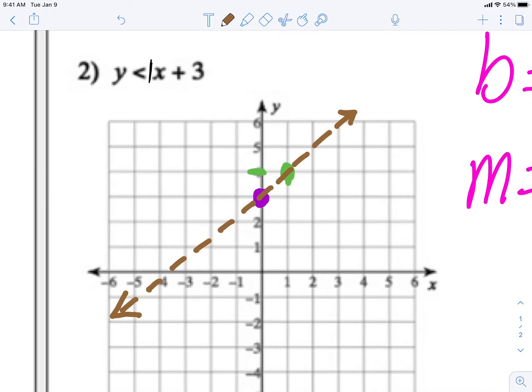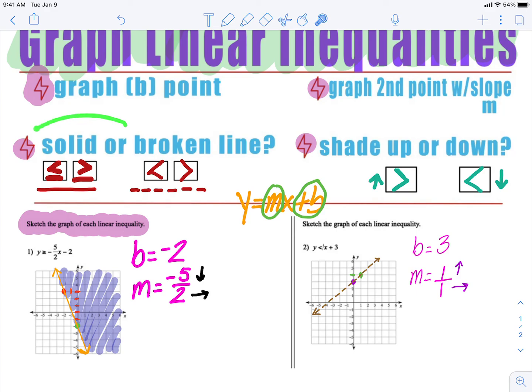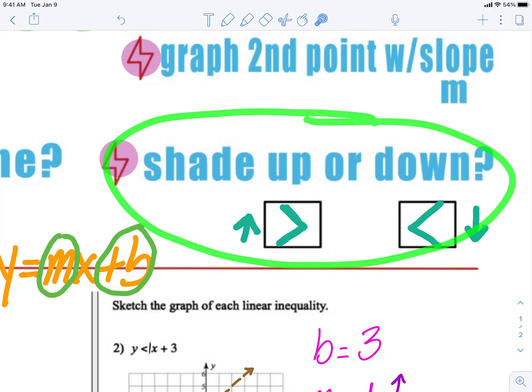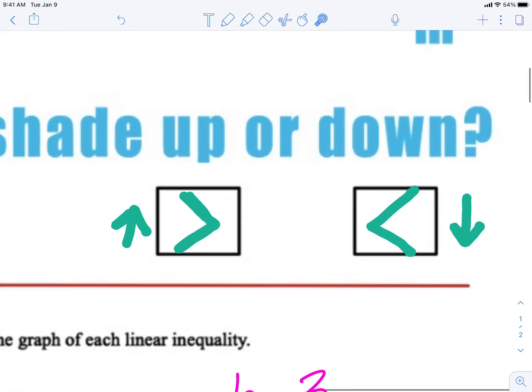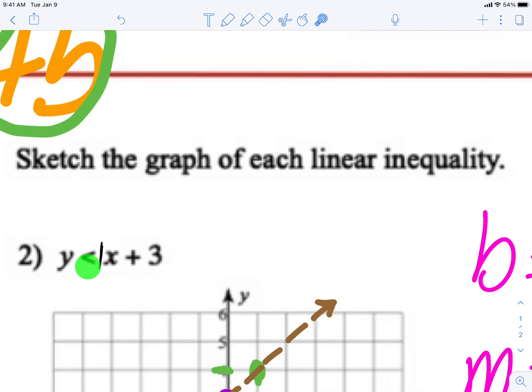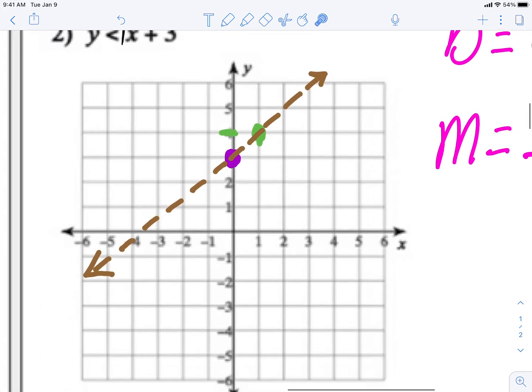So now, I got this part. Now we need to figure out whether we're going to shade up or shade down. Well, if it's greater than, then I'm going to shade up. If it's less than, then I'm going to shade down. Well, let's see what number 2 is. Number 2 is less than. That means I'm going to shade down.